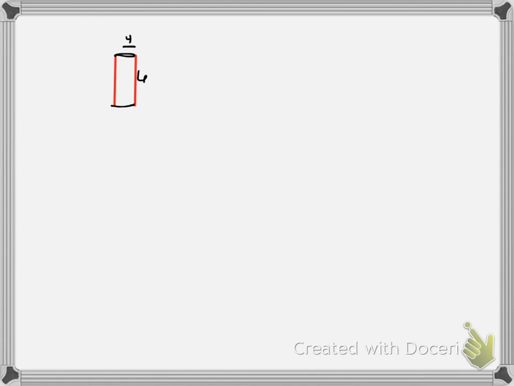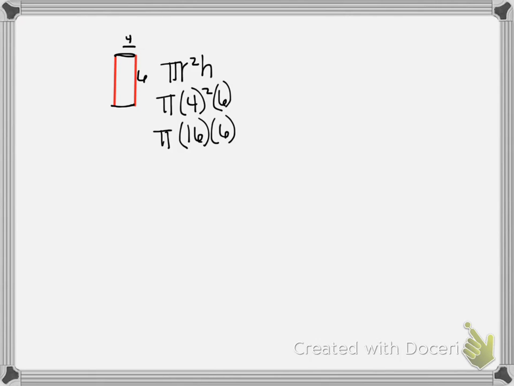Then we would just say that the volume is pi r squared h, so this would be pi times 4 squared times 6. Pi times 4 squared, we know, is 16, times 6, and 16 times 6 is 96. So this would be 96 pi.